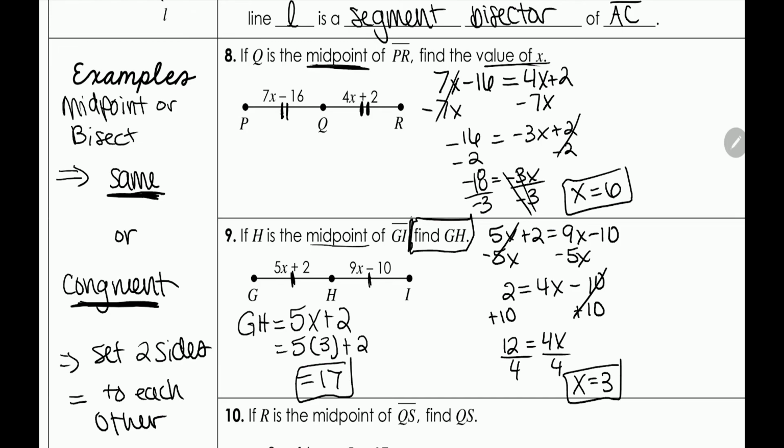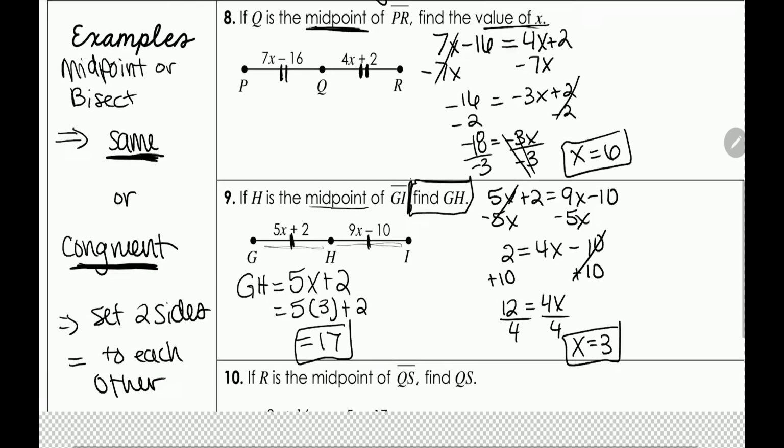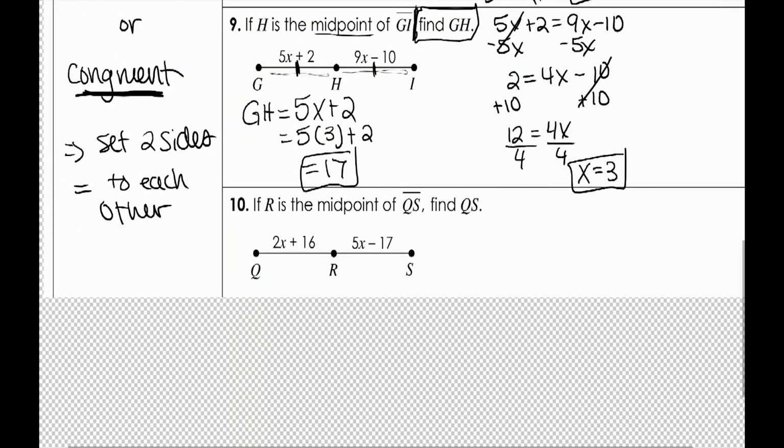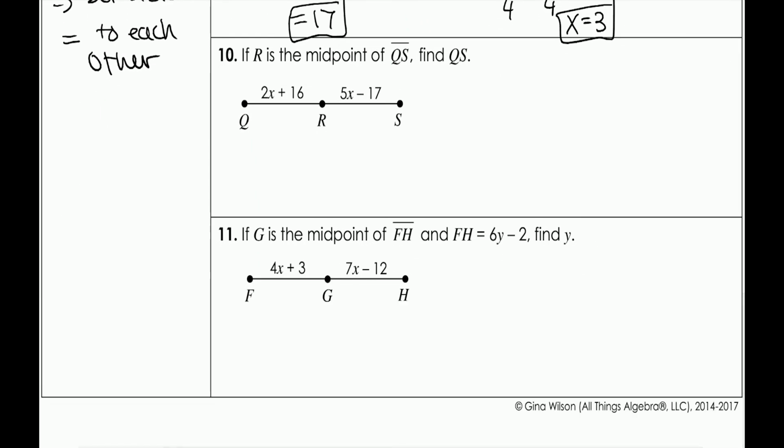So the main thing to think about for these is that if you have the word midpoint or bisect, then the two different segments it creates here are the same. They're congruent. They have the same length. And so they're equal to one another, so you're just going to put an equal sign in between them. I want you to do number 10 on your own.